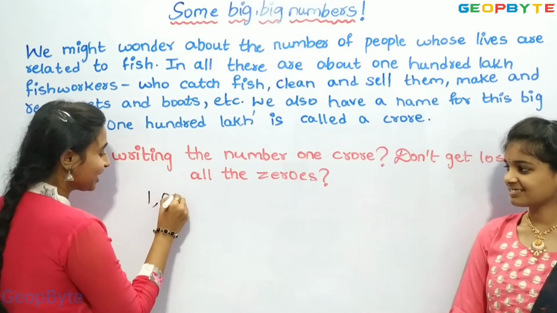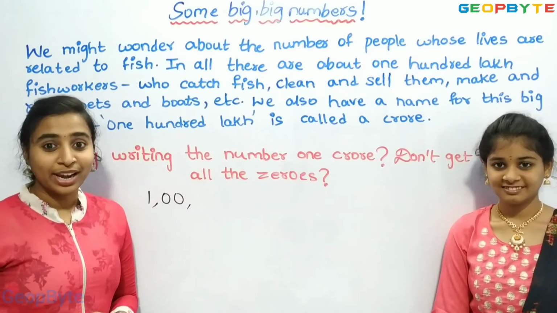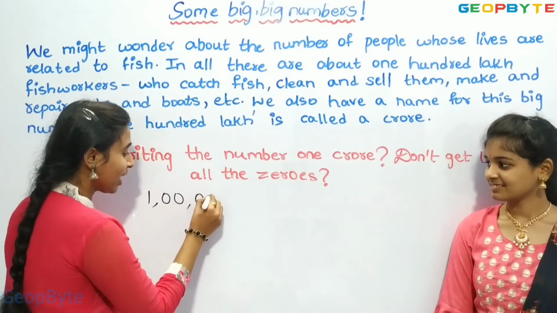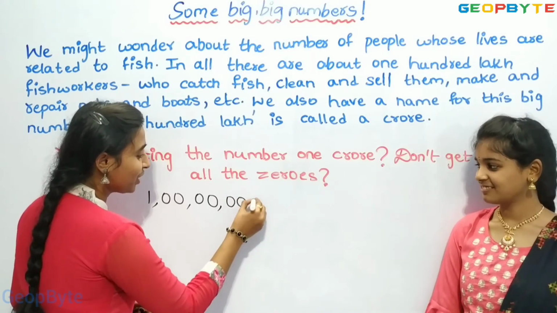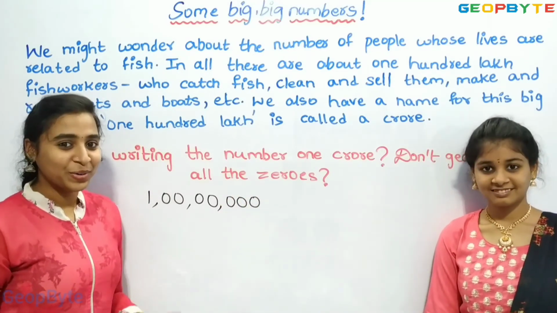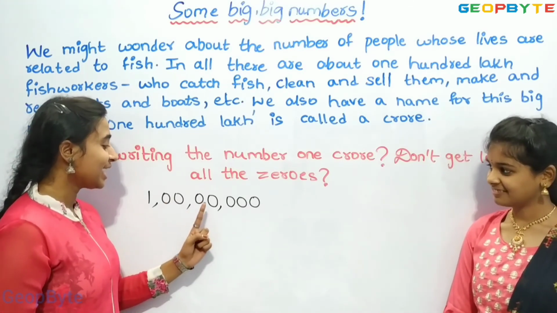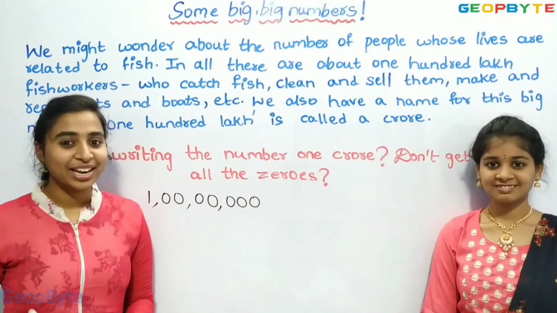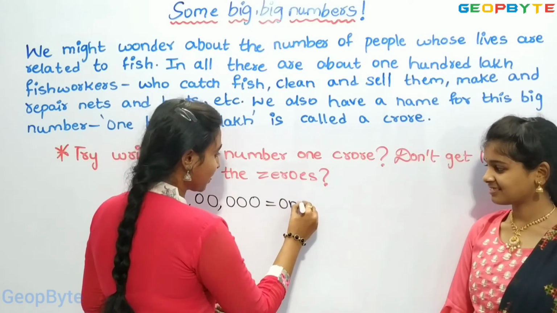Let us write 2 zeros. And lakh. Lakh will have 5 zeros. So, 1, 2, 3, 4, 5. Now, this became a crore. See, 1, 2, 3, 4, 5, 6 and 7. So, this is 1 crore.